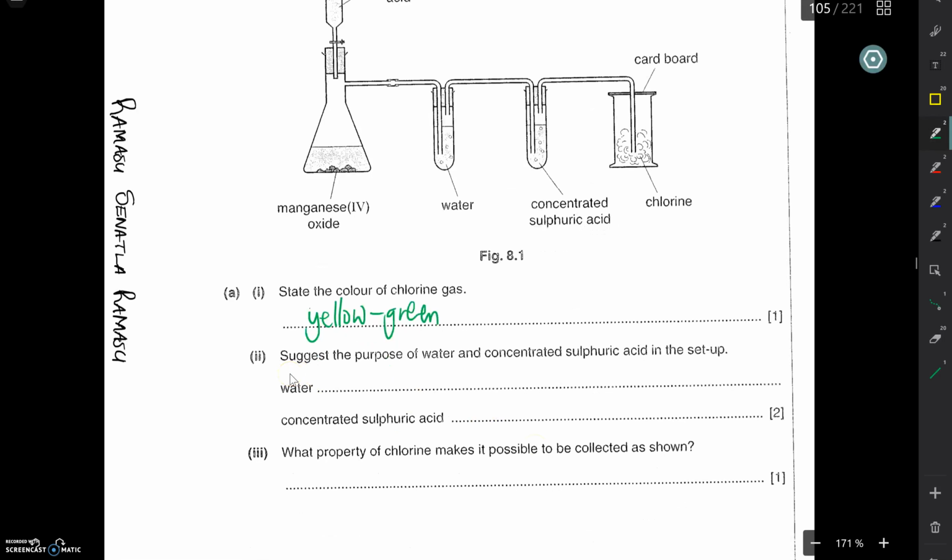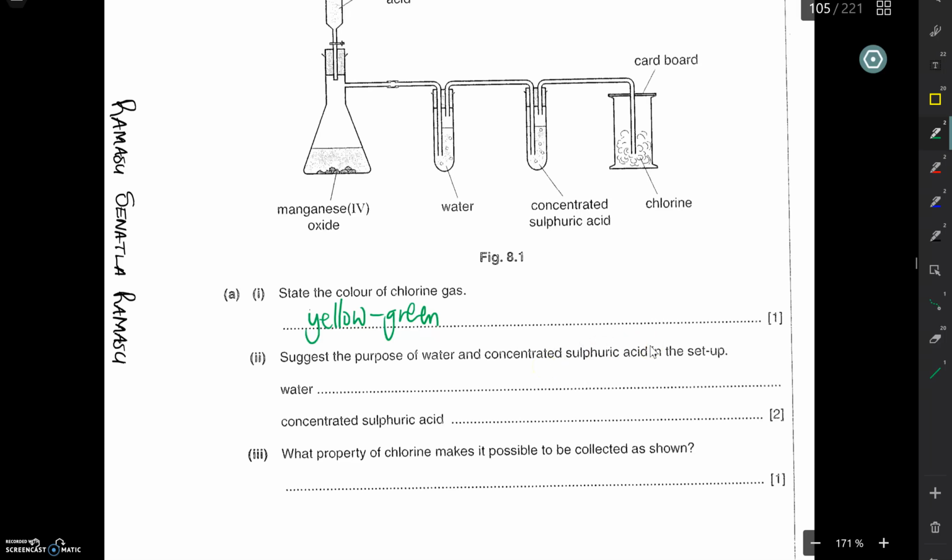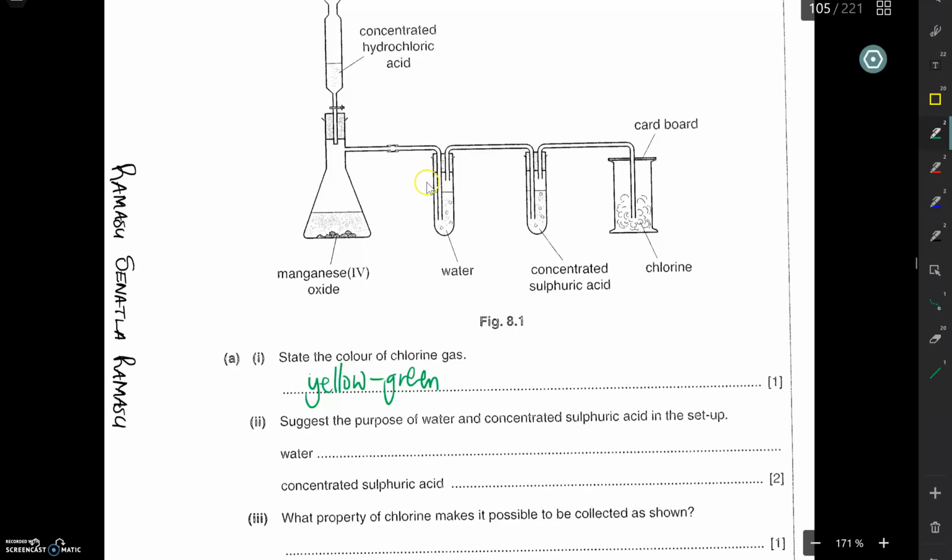Part two says suggest the purpose of water and concentrated sulfuric acid in the setup. Well, the water is there to dissolve, or remove, fumes of hydrochloric acid, right?